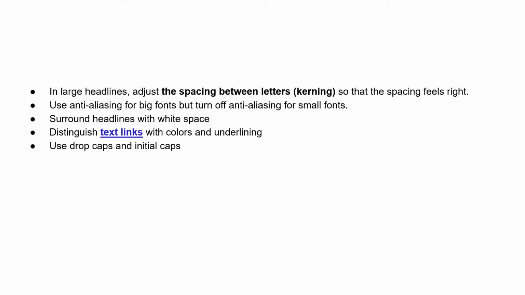So highlight or surround headlines with white space so that it will make the text pop out. Distinguish text links with colors and underlining, that will be good. Use drop caps and initial caps.